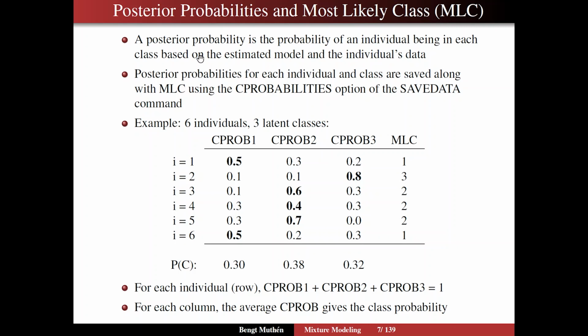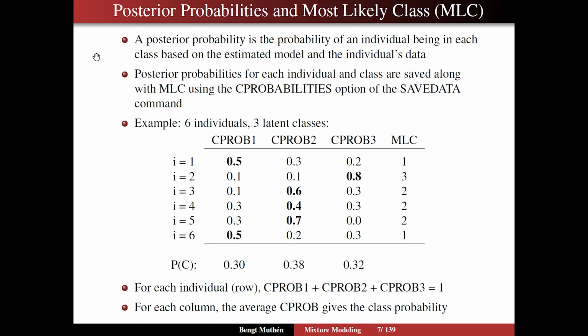And now we go and ask, what's the posterior probability for an individual? And that depends not only on the estimated model, but this individual's data. And in Mplus, these posterior probabilities for each individual and each class are saved together with the most likely class, MLC, using the CPROBABILITIES option of the save data command.